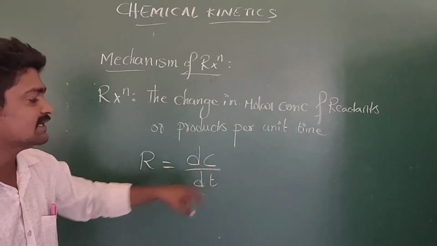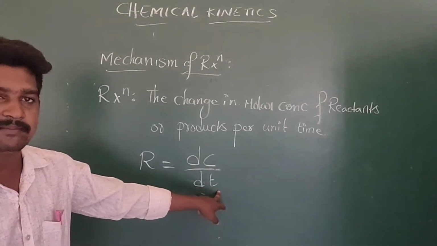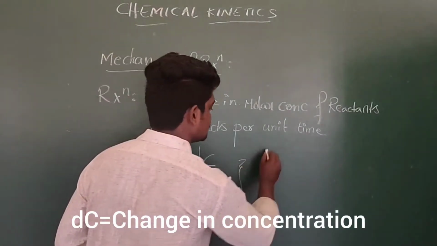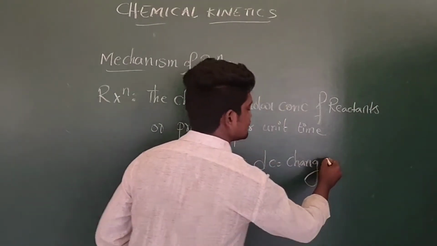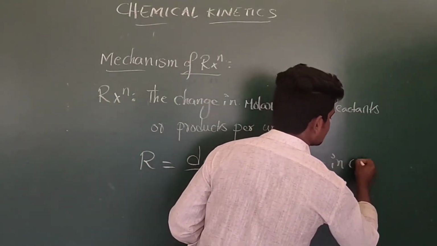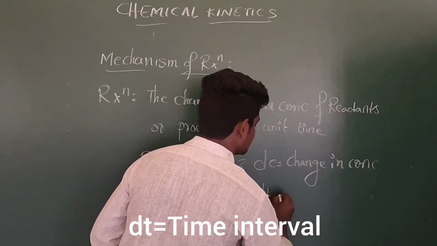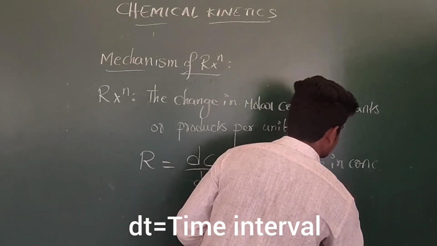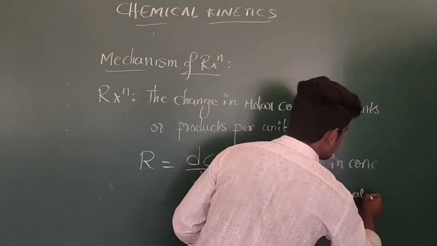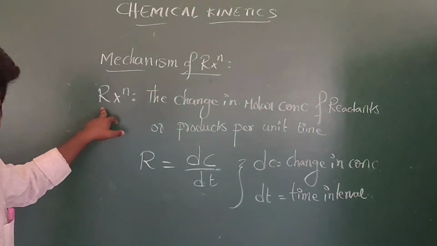Where dC is the change in concentration and dt is the time interval. Okay, have you understood?